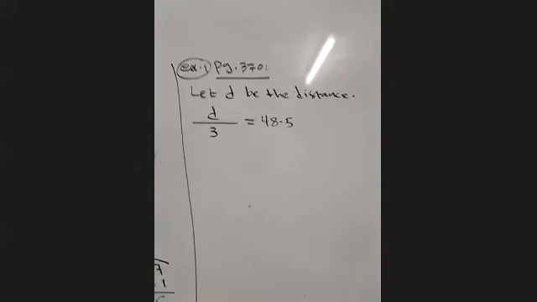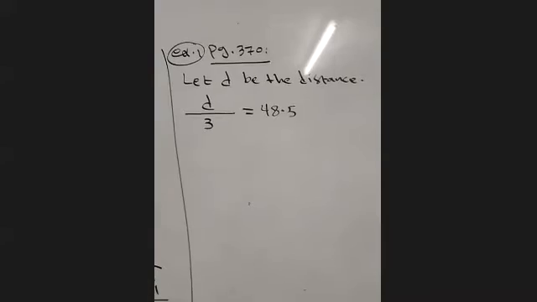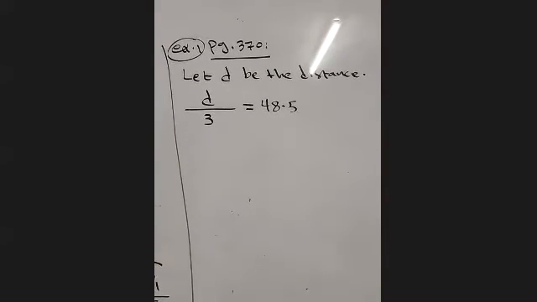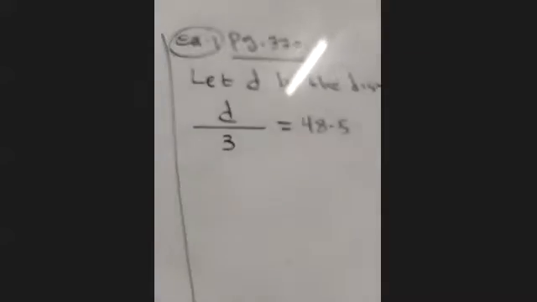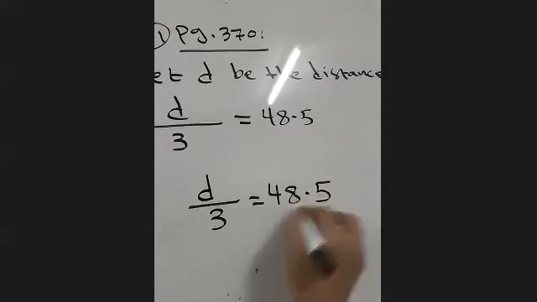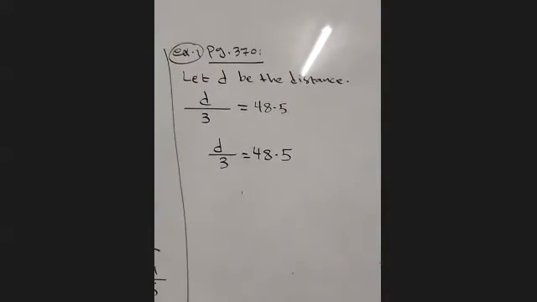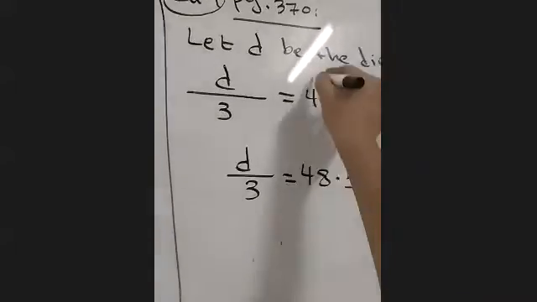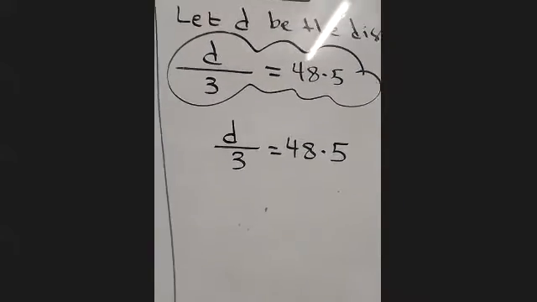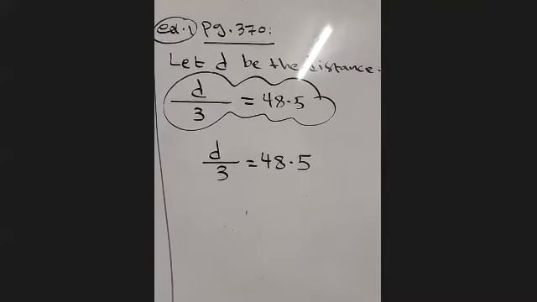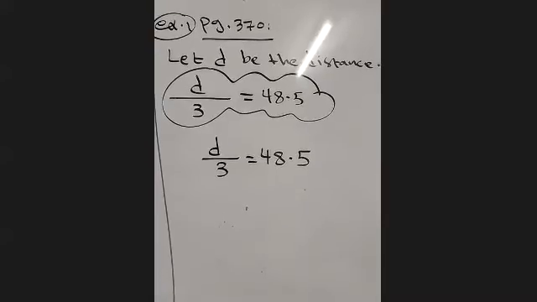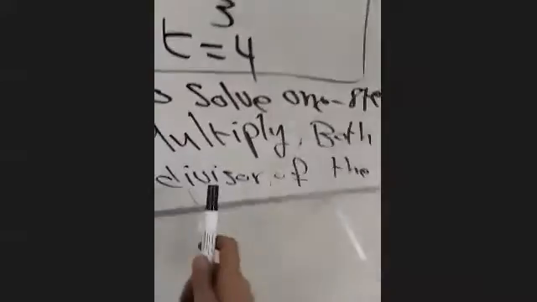Now, how will we solve the equation? It's divided, so we will multiply. Let's rewrite the equation: D over 3 equals 48.5. Then we will multiply 3 by 48.5.